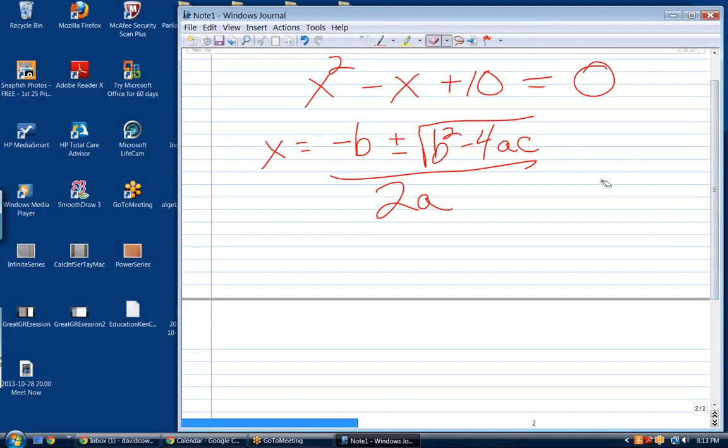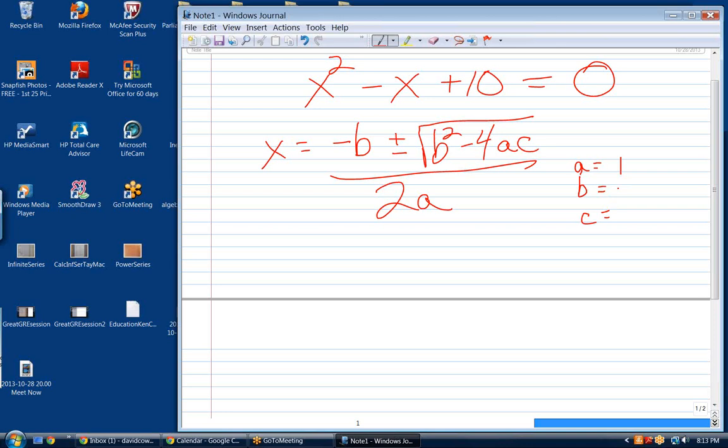What's a, b, and c? a would be 1. b is negative 1. And c would be 10. Okay, so now let's plug in. We got x equals, what's minus b? 1.